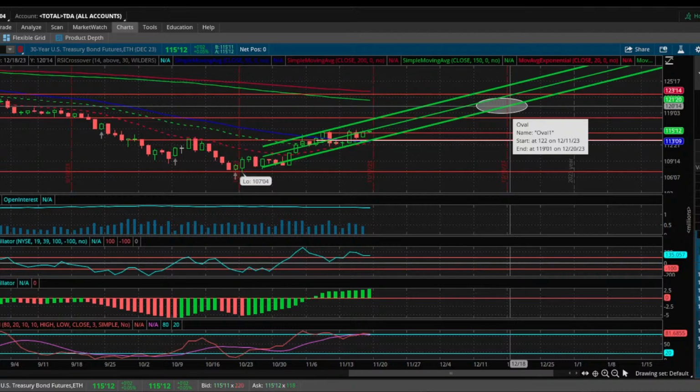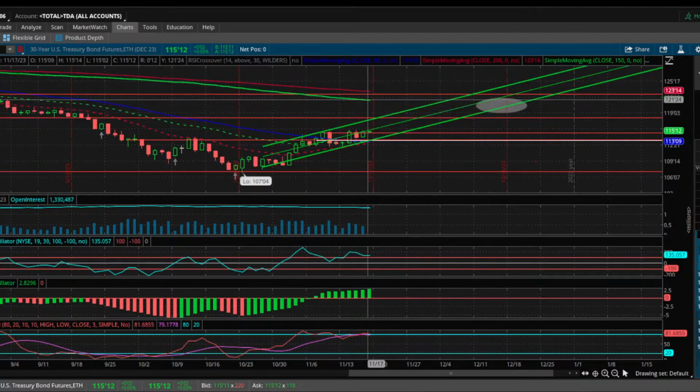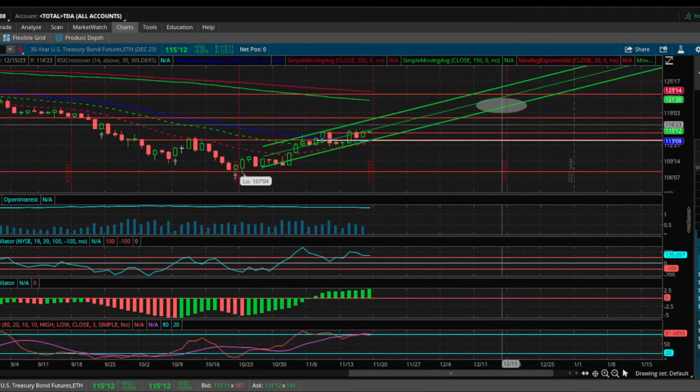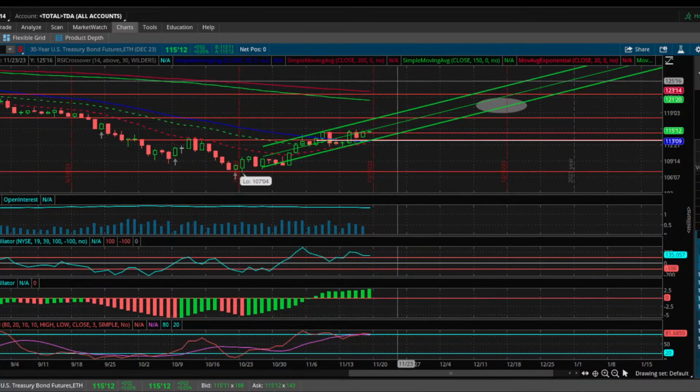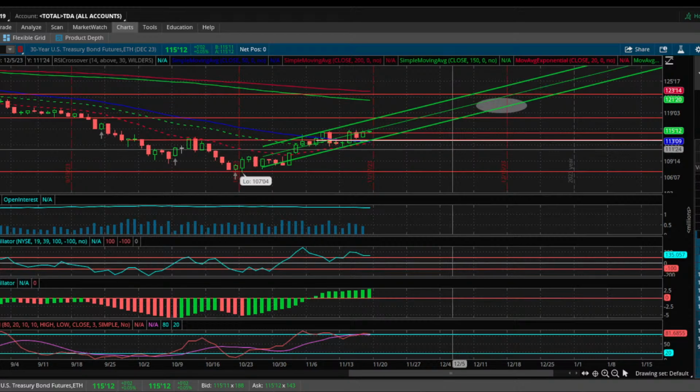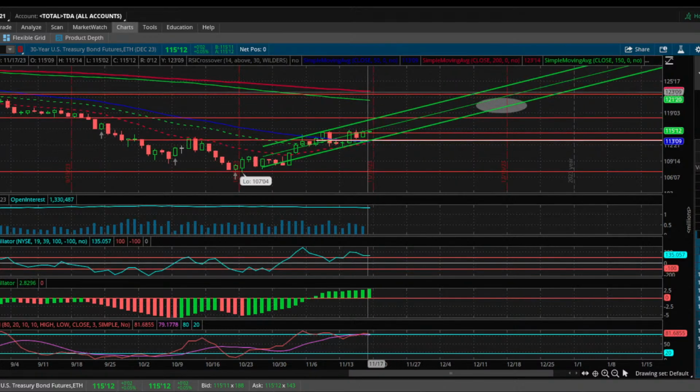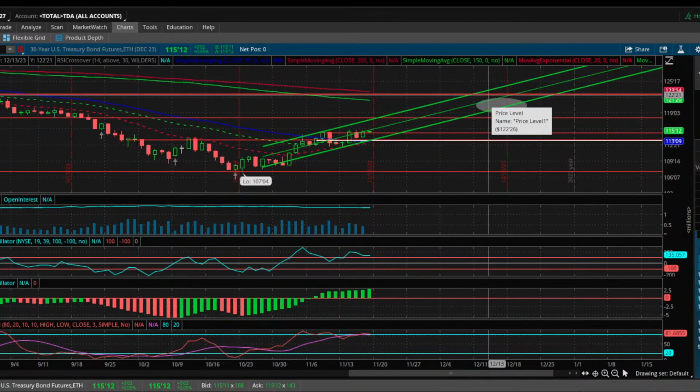I drew that circle there because I think that by the time we reach around December 15th or so, we are going to have the 150, 200, somewhere around here, and we'll hit that and probably act as a resistance, and that's when the year ends.